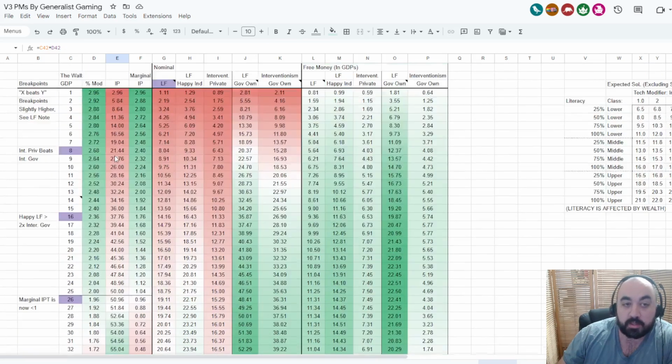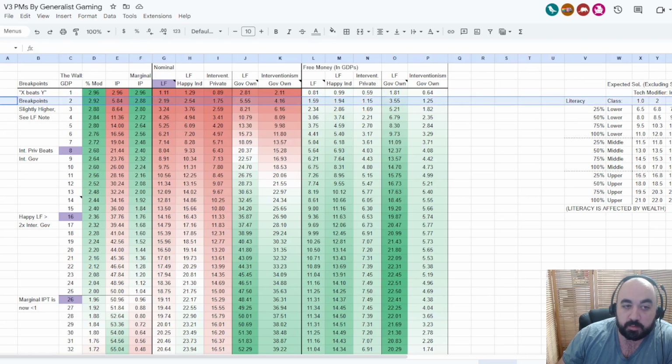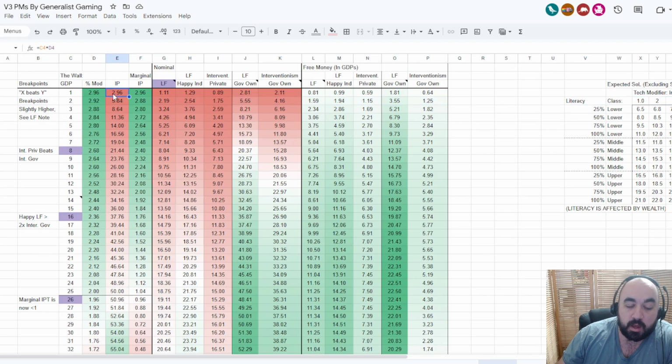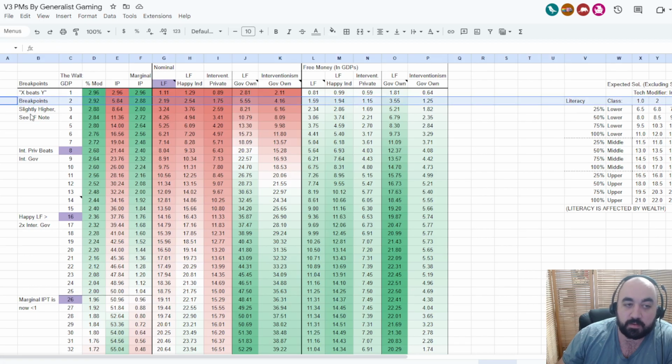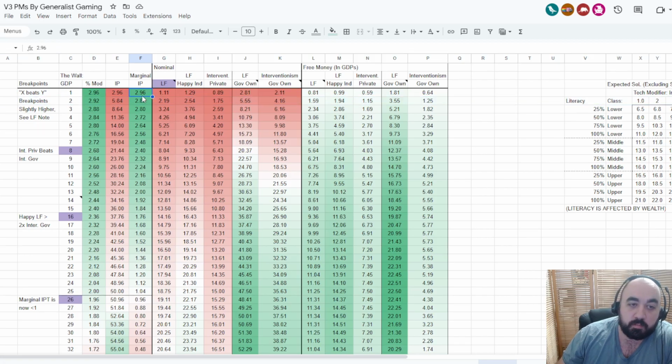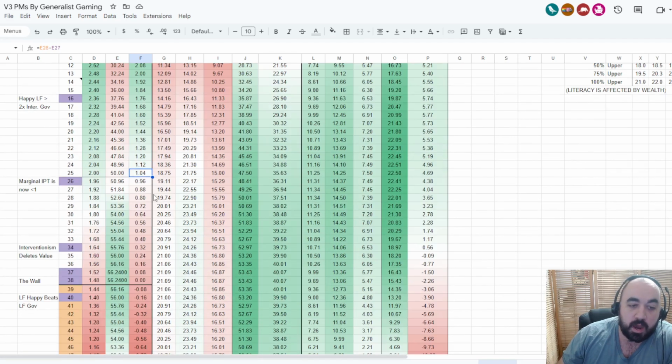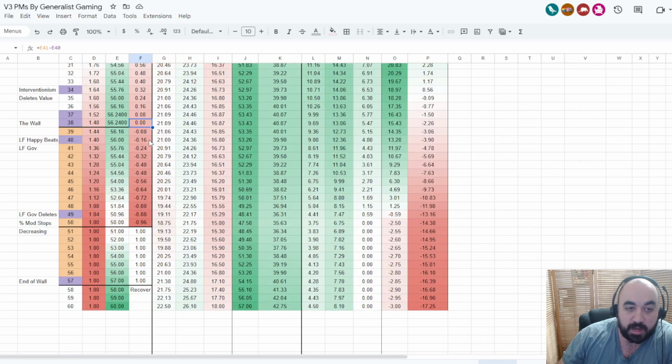And we have this column here, which is marginal IP, which is achieved by subtracting the previous level of GDP's IP from the next level's. This was the marginal amount that changed when we jumped up to this new GDP, and you will see this go down and down and down, and then here it becomes negative.